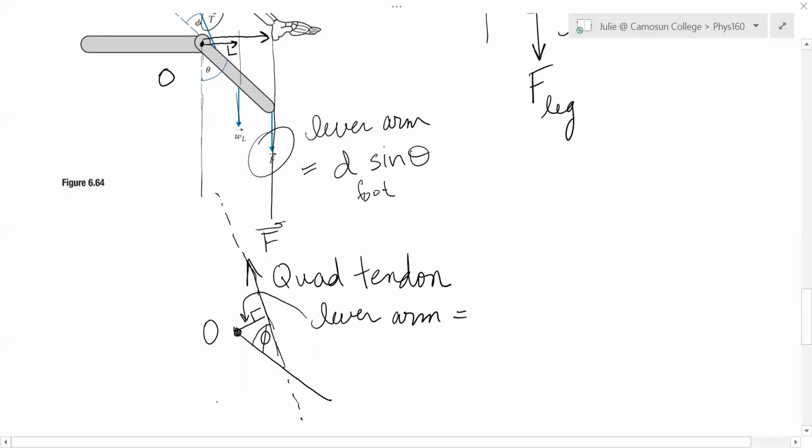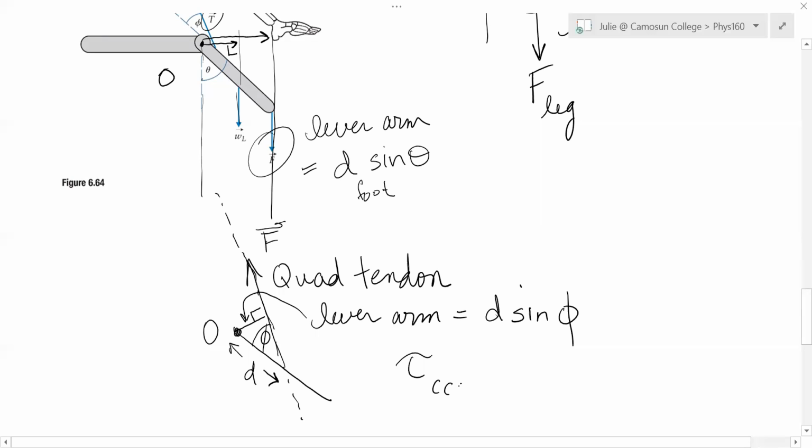And in this case, if the distance from your knee to where that tendon connects to your shin bone, call that D, that lever arm is opposite the angle phi. So this would be D sine phi. So the quadricep tendon force times D sine phi would be the torque. That would be a counterclockwise torque.